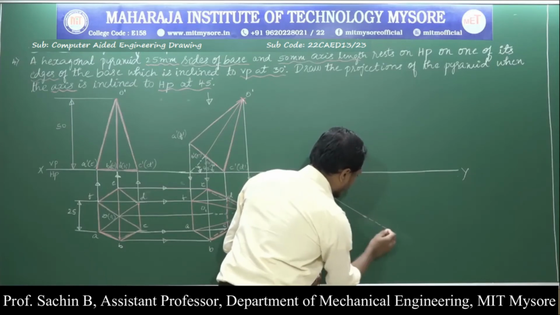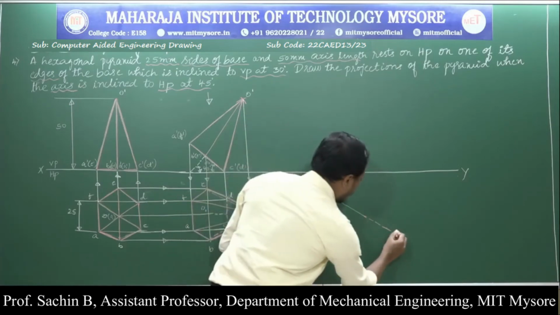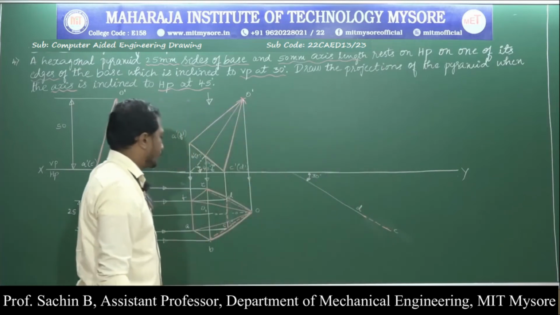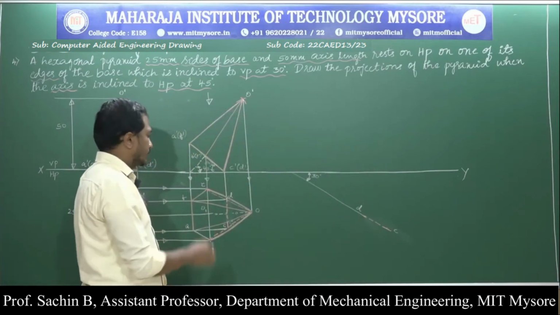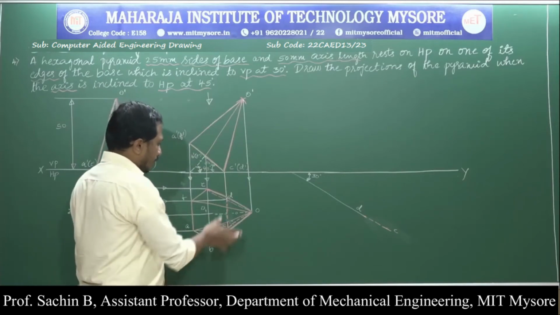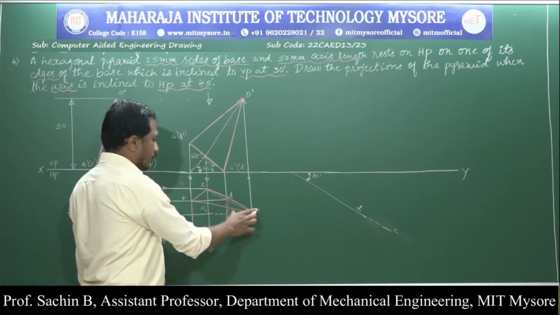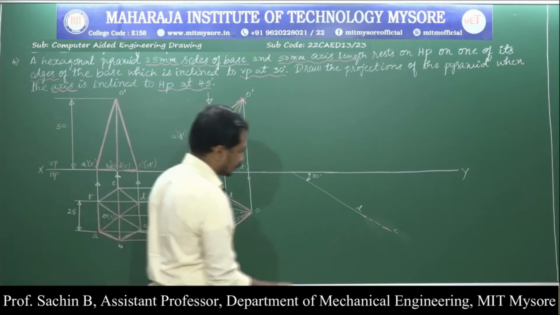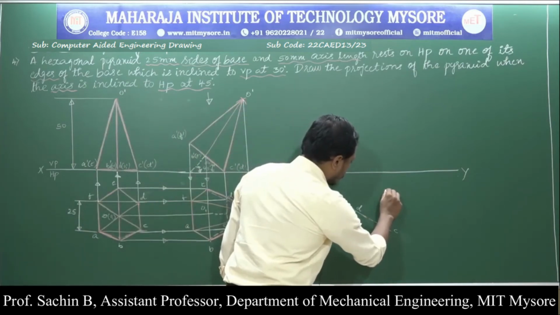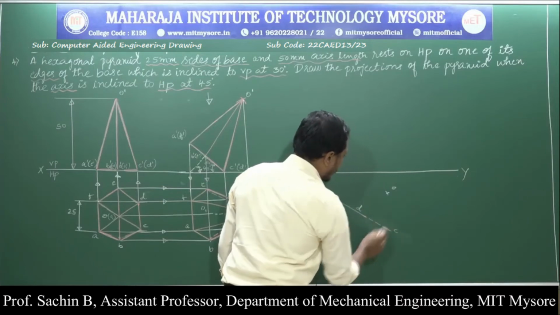This is the C point, this is the D point. Next, I need to get the remaining points, the corners and the edges. For that, first I will find the axis. I will measure from D to O or from O to C, put an arc over here, and again one more arc. This is my O point.